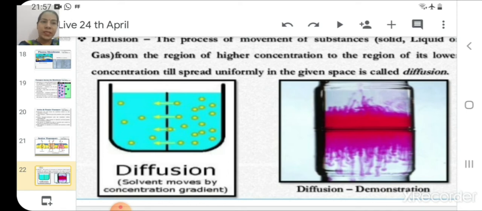If I mix that color with a spoon, the entire water will become pink. We can say that molecules of color will diffuse towards the upper side where there is less concentration of color. So molecules move from higher concentration to lower concentration.